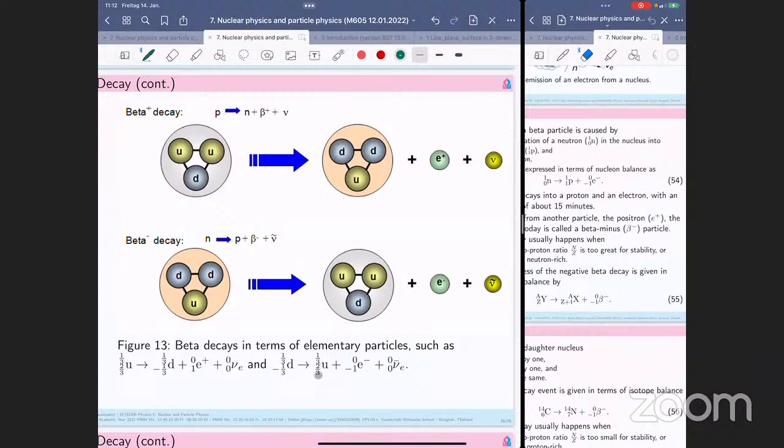The charge increases, right? And the mass number is only 1/3. And once you increase the charge, you need to reduce it by 1, and that's why we get an electron here, and the electron comes together with an electron anti-neutrino with 0 proton and 0 nucleon, and something like that.